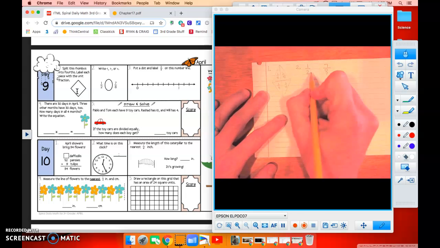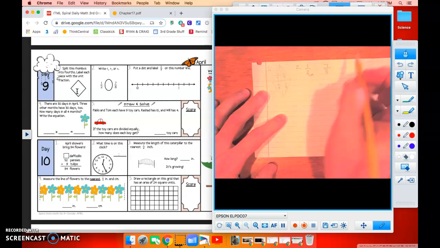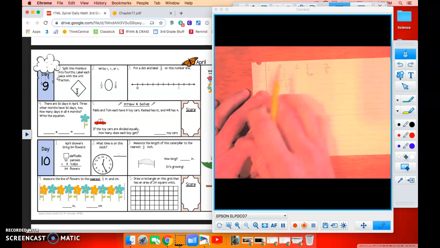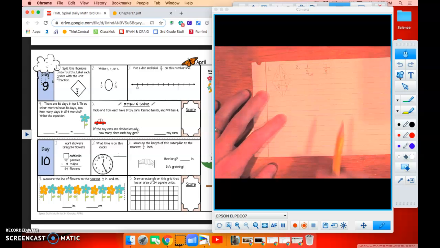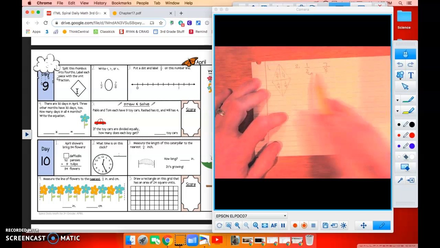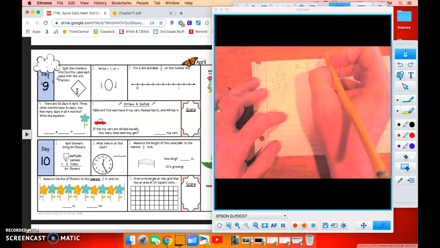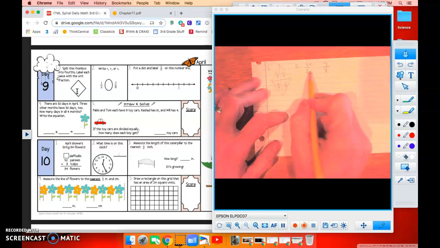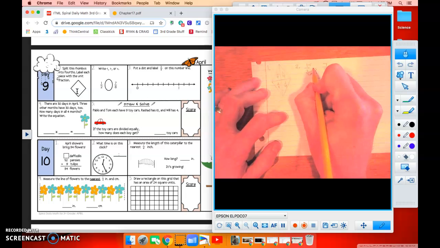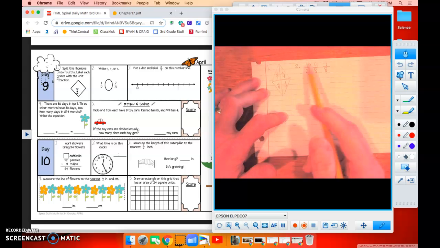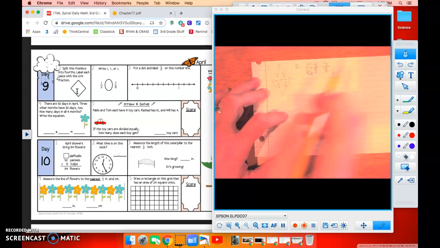So 2 times what is 8? Or 8 divided by 2 is blank. So what we have is 2 times 4. If I times it by 4 and times my top by 4, 2 times 4 is 8. 1 times 4 is 4. So 4/8 is equal to 1/2, and those are equivalent fractions.